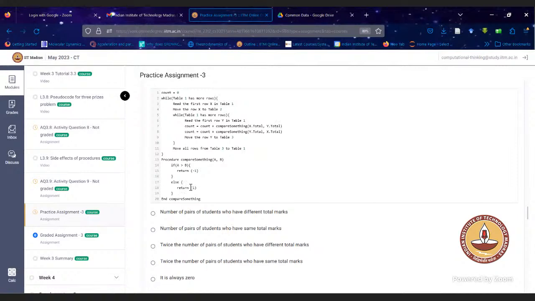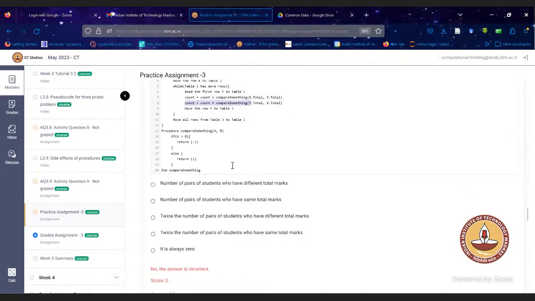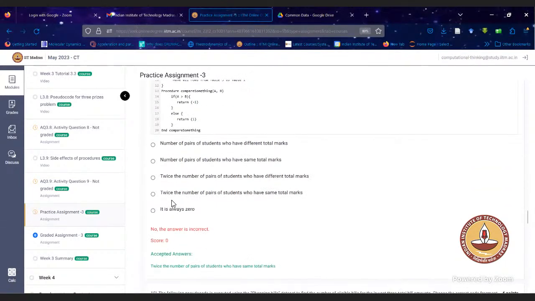Only then the count will go up, and the count will go up twice: once with the first statement, and second with the second statement. That's why the answer is twice the number of pairs of students who have the same total mark.